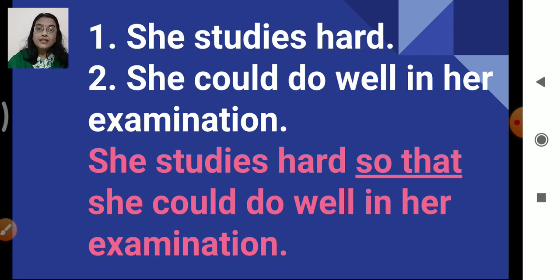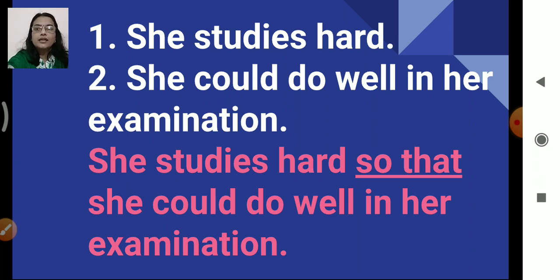Then another sentence here you can see. She studies hard. She could do well in her examination. Again, two sentences you can see there, right? She studies hard. She could do well in her examination. Now, how is it joined? She studies hard so that she could do well in her examination.